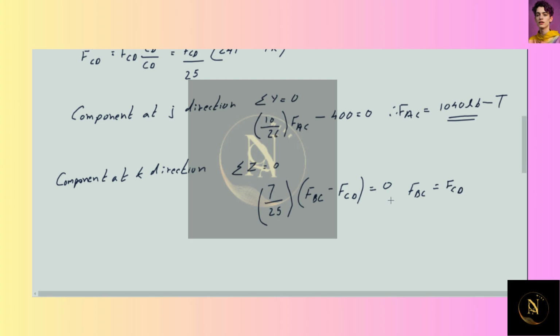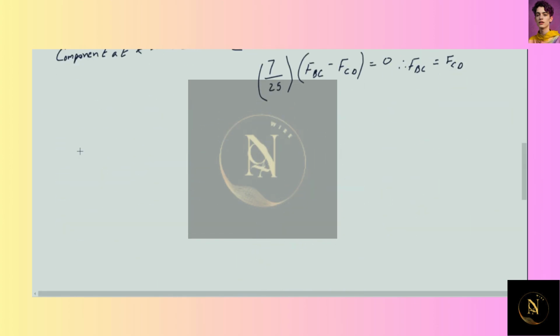So here we get an equation: therefore FBC will be equal to FCD. Now let's look into the component in the remaining I direction.